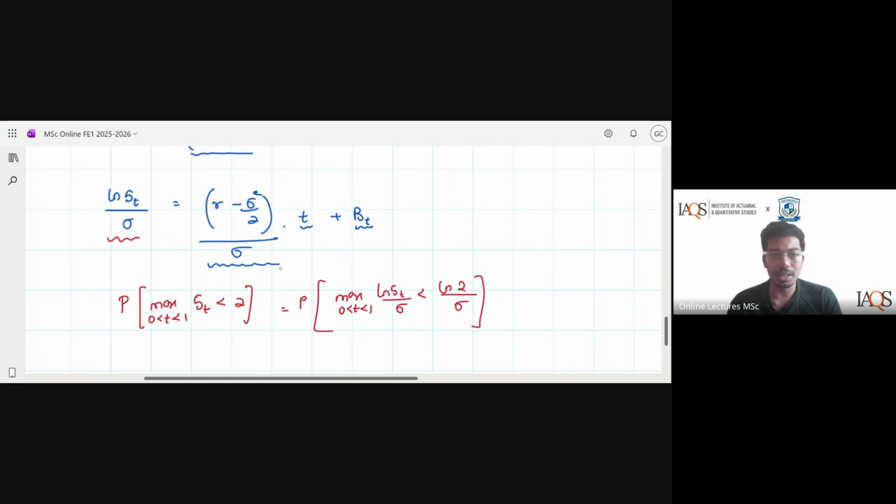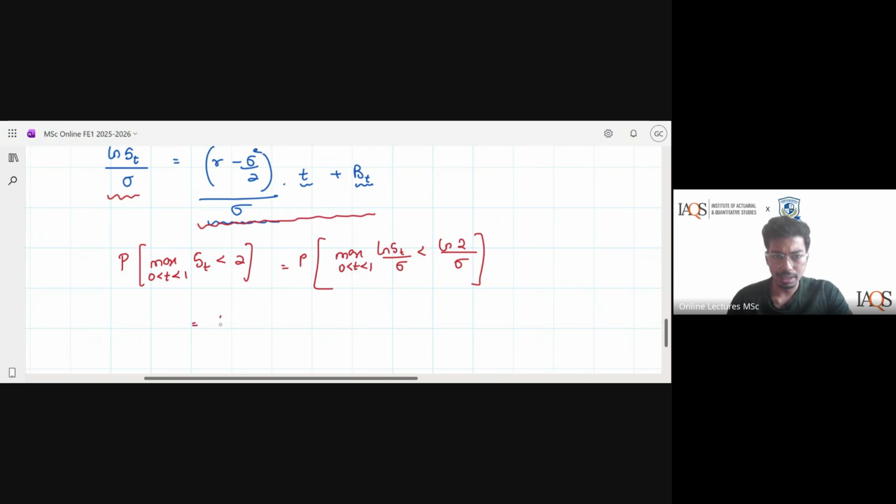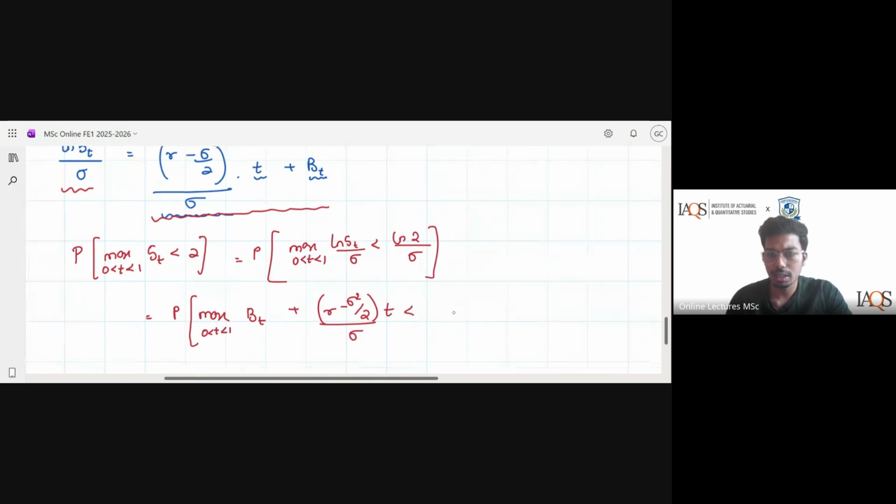Now I know ln ST by sigma is what? (R minus sigma square by 2) upon sigma into t plus Bt. Can I write this as the probability of max over 0 to 1 of Bt plus (r minus sigma square by 2) the whole by sigma into t less than ln 2 by sigma?